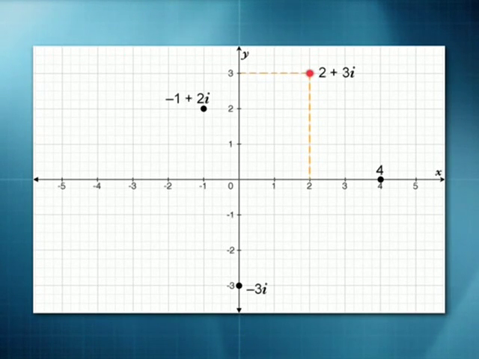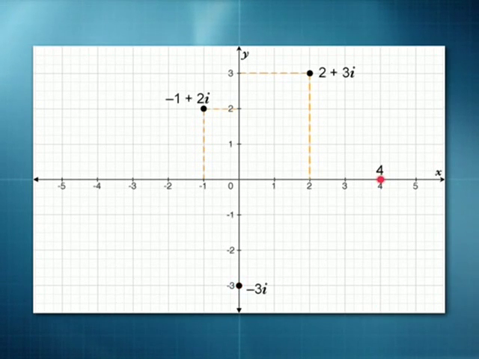So that's the ordered pair (2, 3), which corresponds to the complex number 2 plus 3i. Over there on the other side, you get minus 1 plus 2i. That's minus 1 and then go up to 2i. The complex number minus 3i is actually on the imaginary axis at minus 3.